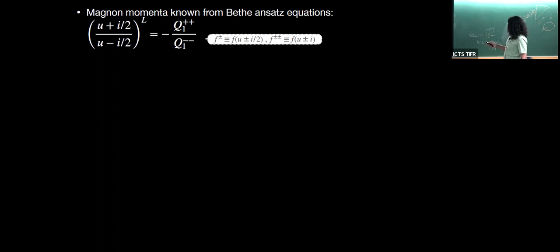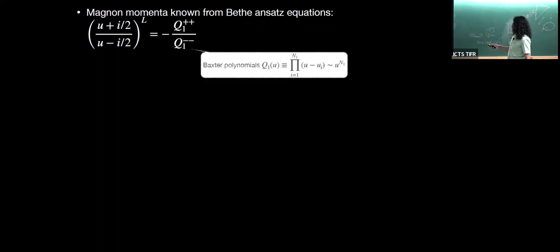Furthermore, I introduced some notation here, which just says that when I put a plus plus in front of a function, I mean the function is not evaluated at u, but at u plus i, and with minus minus, it is evaluated at u minus i. That's all it means. These Qs themselves are called Baxter polynomials.